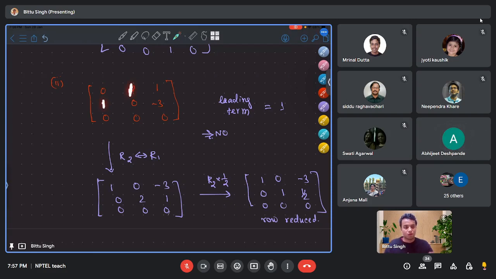It should be after the 1. So this is row reduced, and it is also in echelon form.